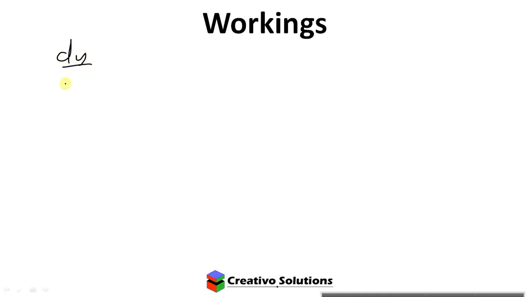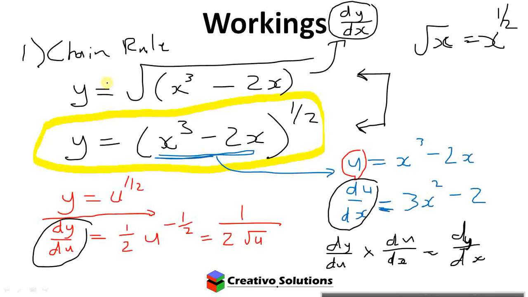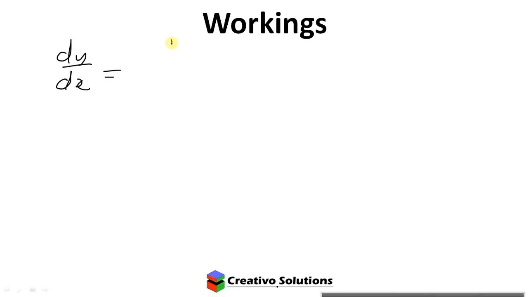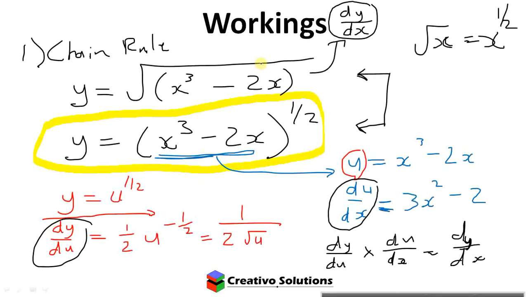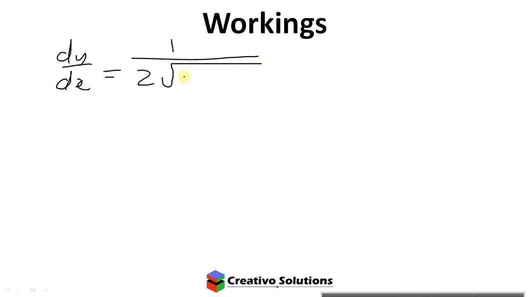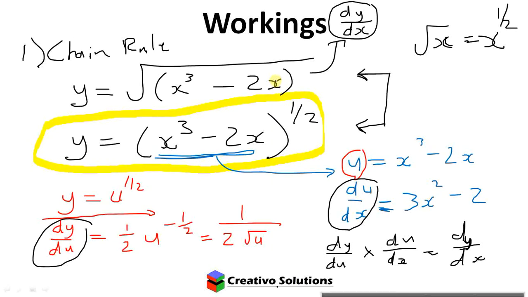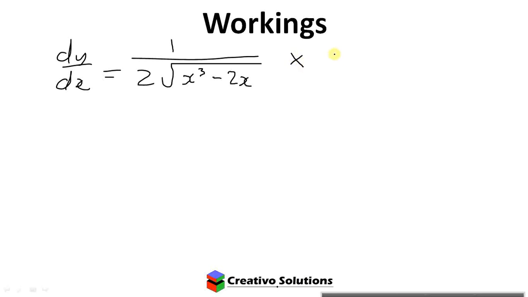Dy over dx is going to equal, this will be 1 over 2 square root. What was my u? My u was x to the 3 minus 2x. And then times 3x squared minus 2. Right, so we can just simplify that. We can just write that down nicely.